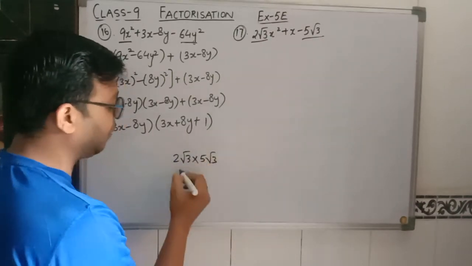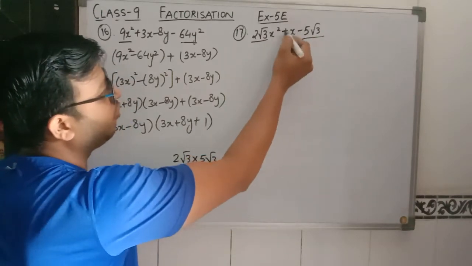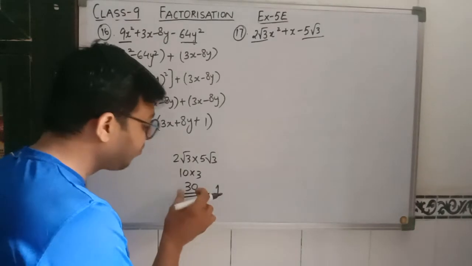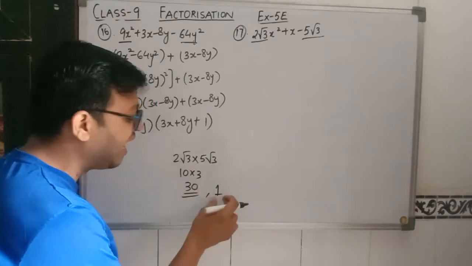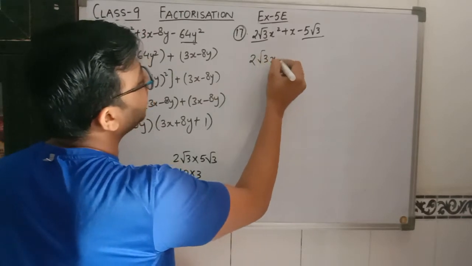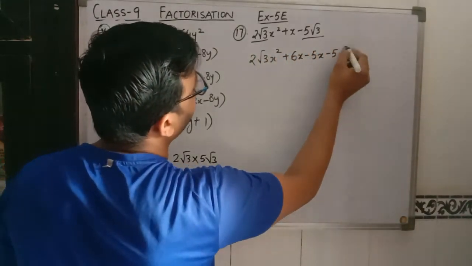So first of all multiply them: 10 into 3, the answer is 30. The coefficient of x is 1, so we have to find two numbers whose multiplication is 30 and whose subtraction is 1. So 6 and 5: 2 root 3 x square plus 6x minus 5x minus 5 root 3.